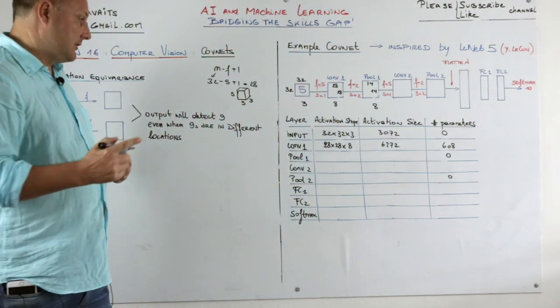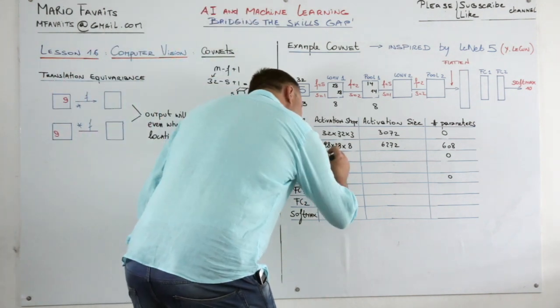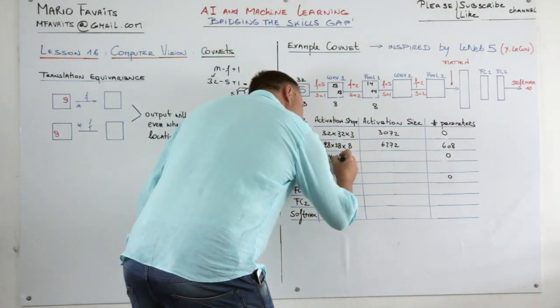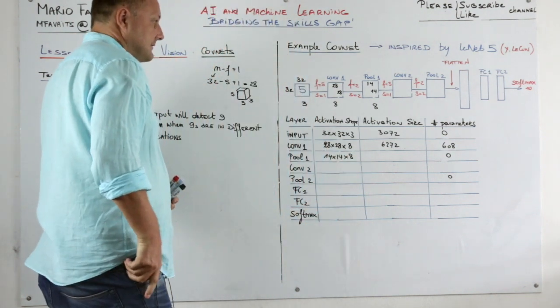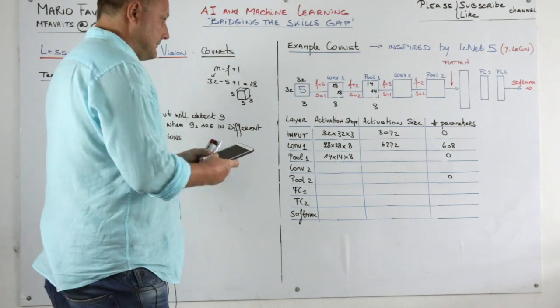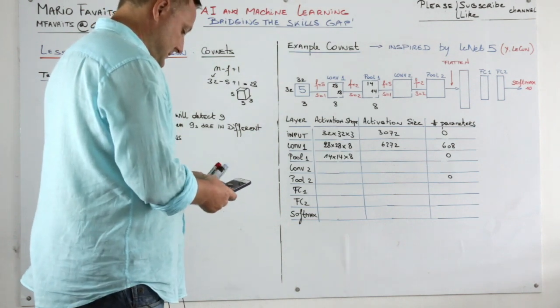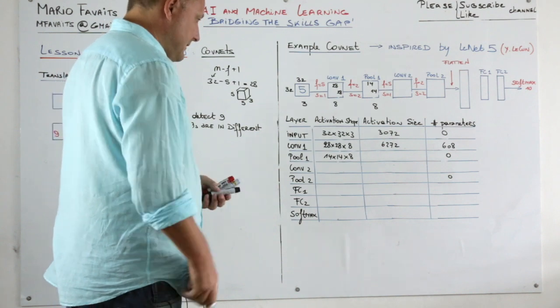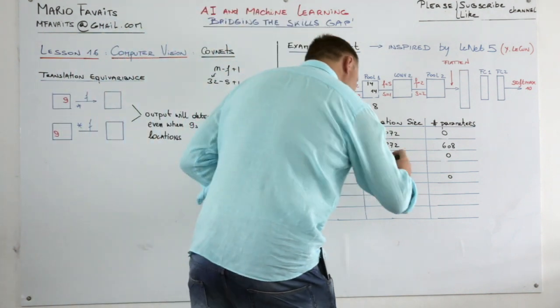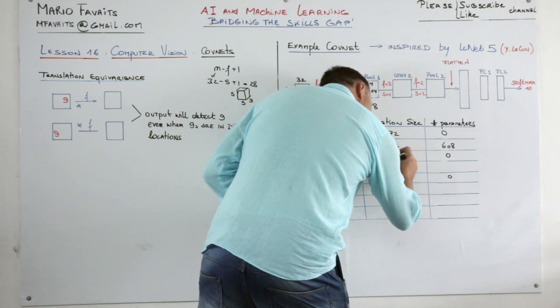So this pooling is 14 times 14 times 8, which is 1568.